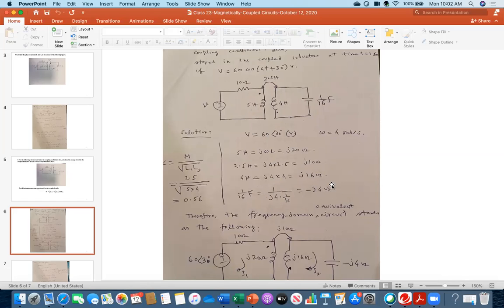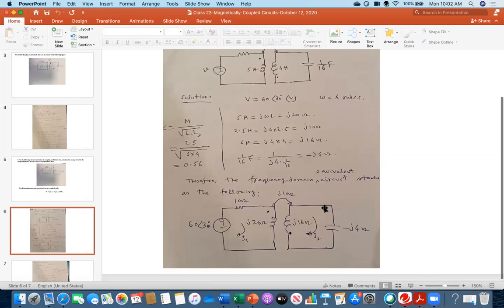So what will the frequency domain or phasor domain circuit be? This one. We just plug in those numbers here. And then I assume this is the direction of I1 and this is the direction of I2. But now there is one dot here and the other dot was here. Everybody, could you follow this one so far?